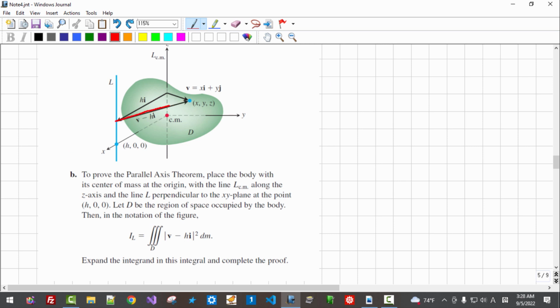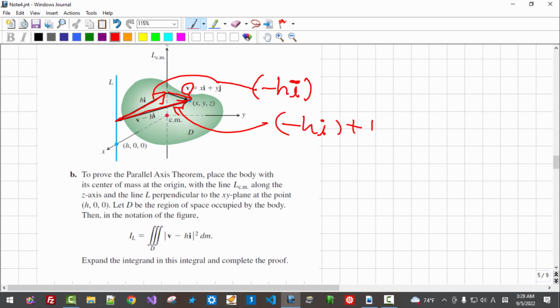This vector is computed by subtracting in this direction. Then, like this, this vector is minus h i. So this vector becomes minus h i plus v.